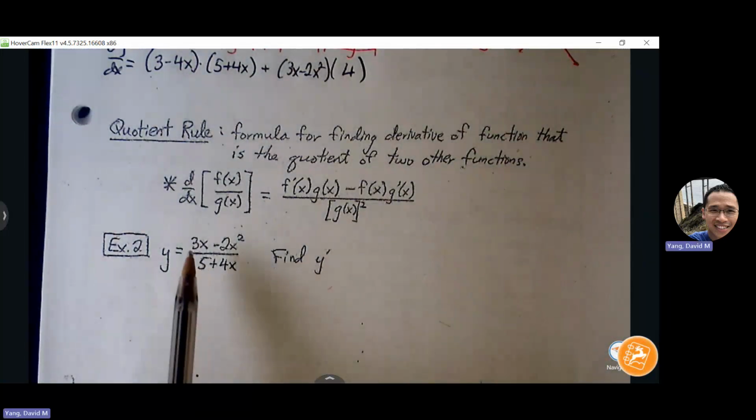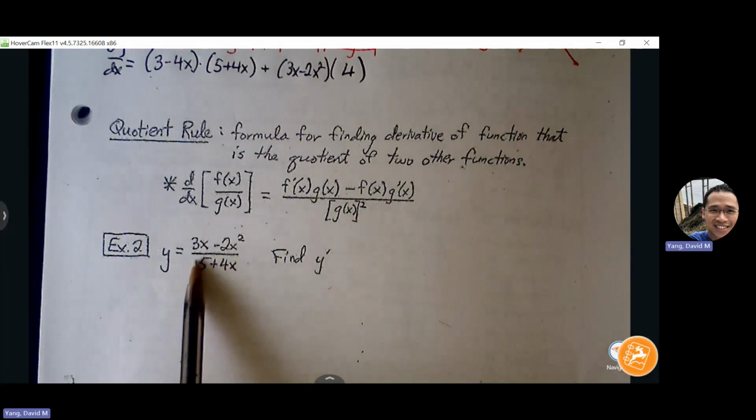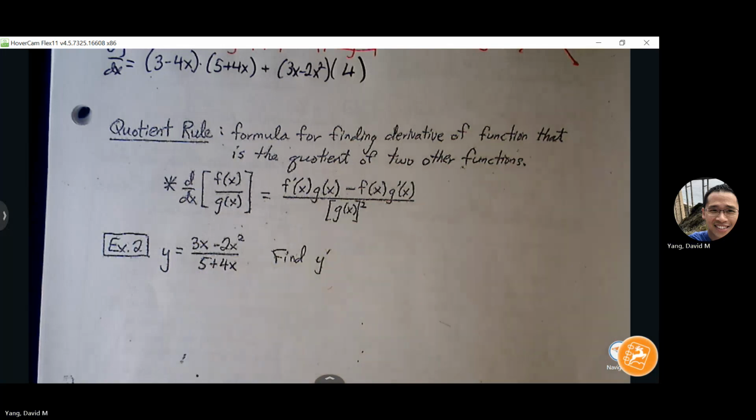Now, if you look at example 2 here, 3x minus 2x squared over 5 plus 4x. This denominator, we are unable to split up into individual fractions. Do you remember when we talked about how if we see a messy denominator, we're able to separate it into individual fractions and clean it up that way?